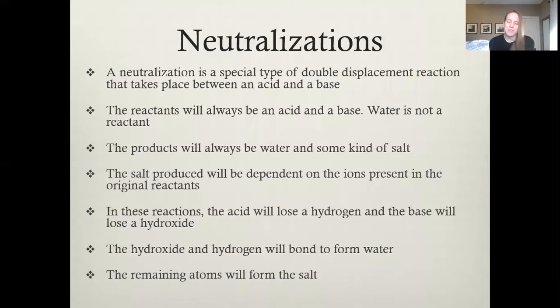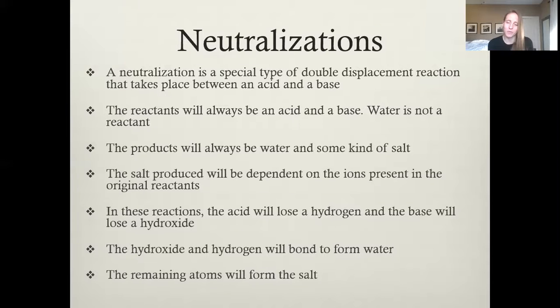Okay, and then the last type of reaction that we're going to talk about is neutralization reactions, which you did learn about in Science 10. This is a special type of double displacement that occurs between an acid and a base. So the reactants do always have to be an acid and a base. Water is not a reactant. The products will always be water and then some type of salt, which is an ionic compound.